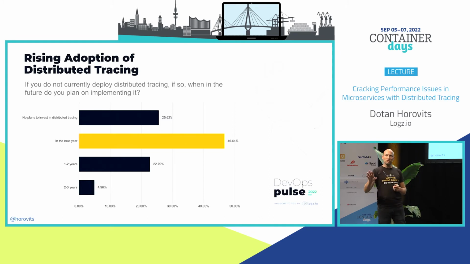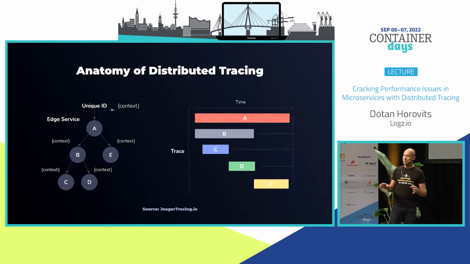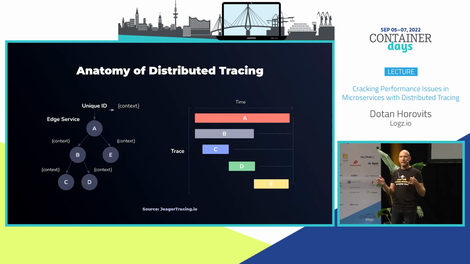And with that, I'd like to go over some basic terms and concepts around distributed tracing. The most basic term, of course, is the trace. The trace is the sequence of activities or operations that make up the request execution flow. You can think about it as an acyclic graph, like you see here on the left-hand side, of the different operations that were invoked. Each circle in this graph is a span.